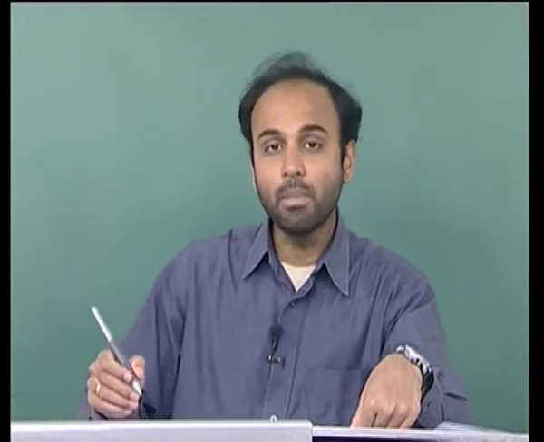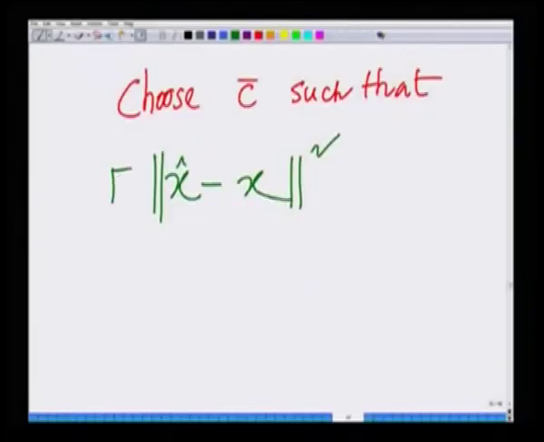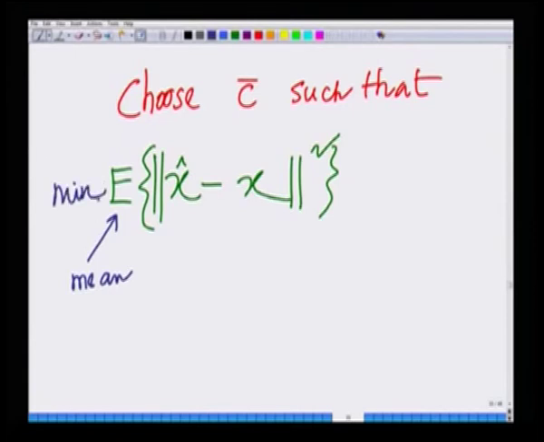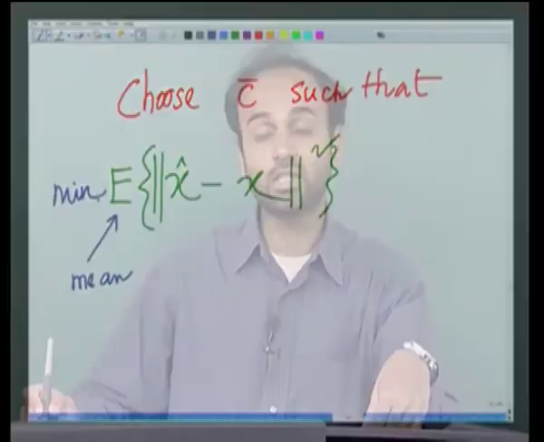So, if I take the expected value of this, I want to minimize the mean, that is, the expected value of the estimate x hat minus x, that is the mean squared error.